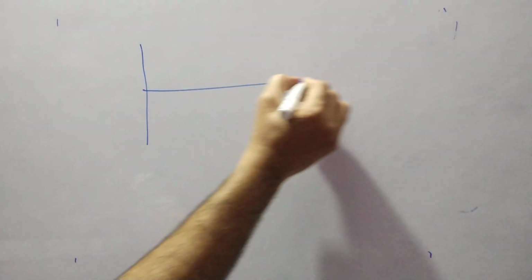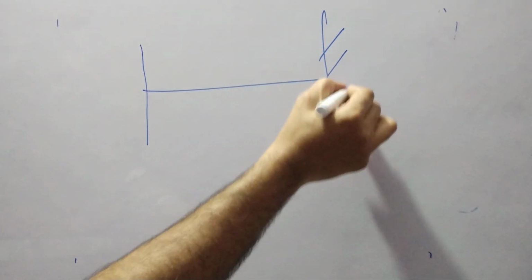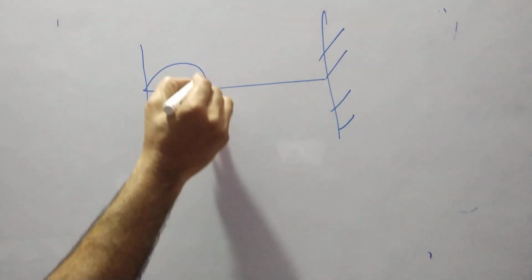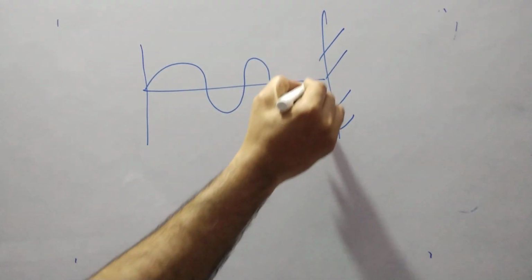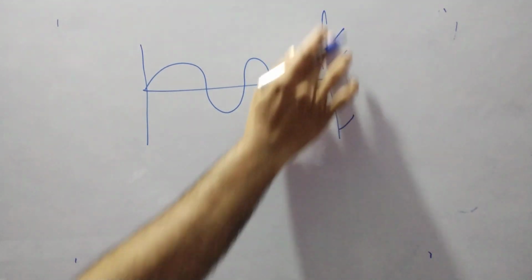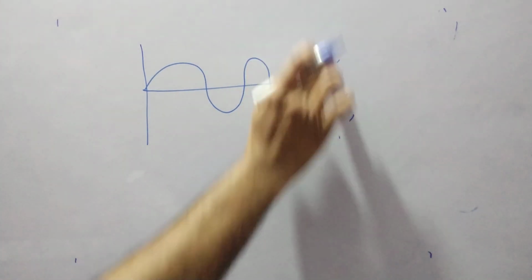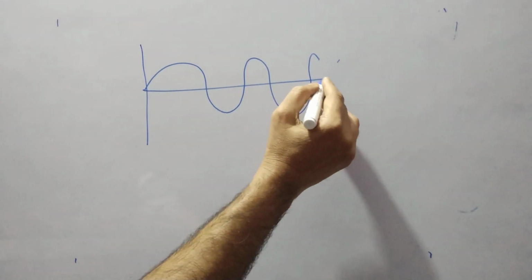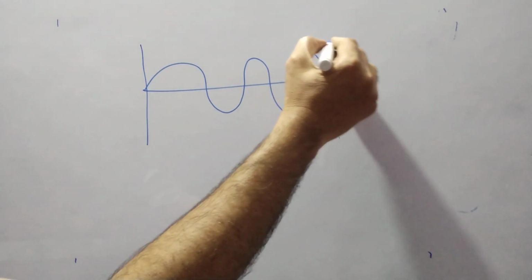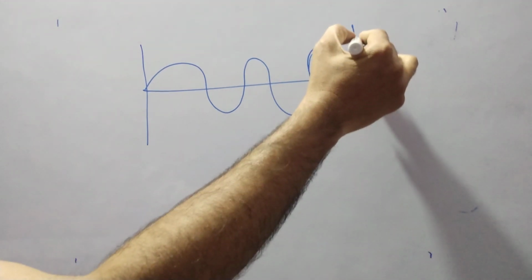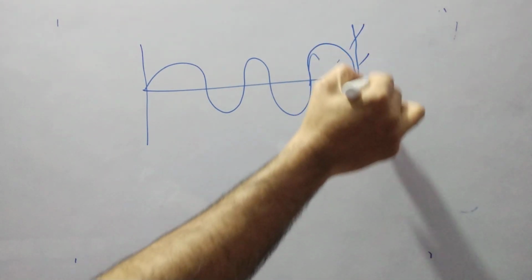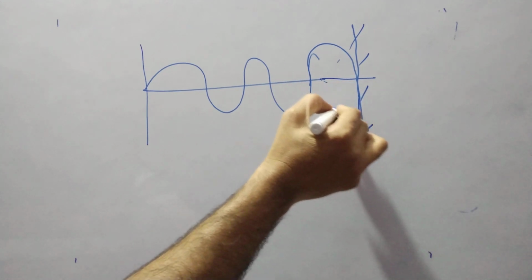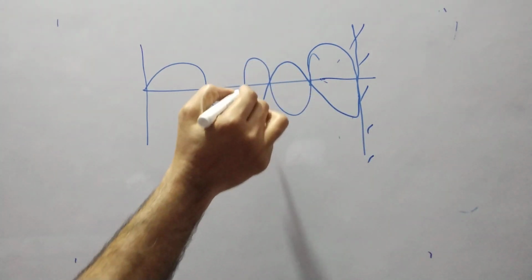So how the stationary waves are produced here like this. When a wave moves like this, this is a fixed end. So the wave will come like this.